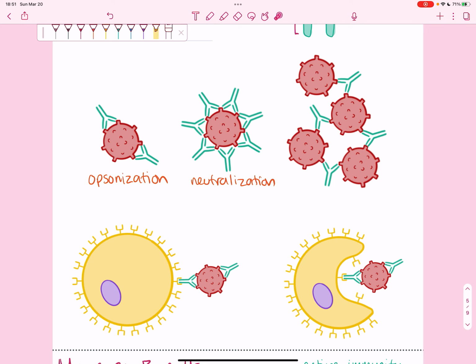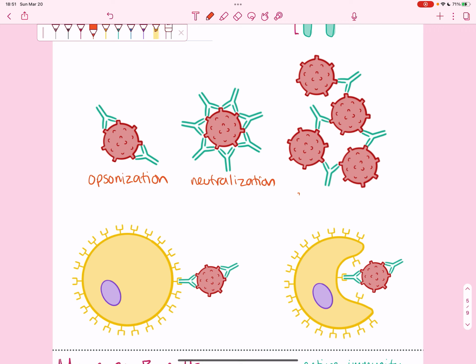And then they can clump several of them together. Several pathogens can all clump together with different antibodies, causing agglutination.